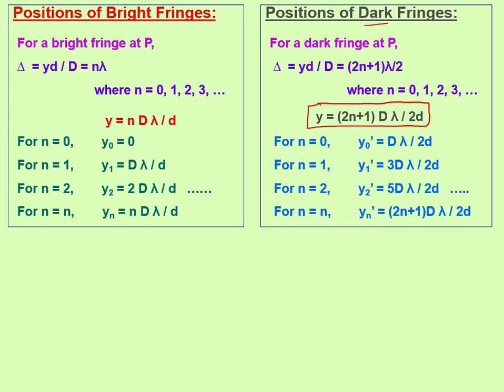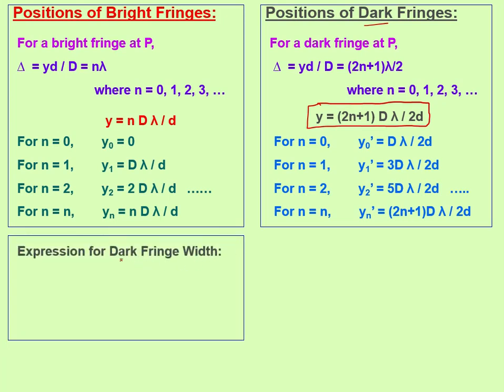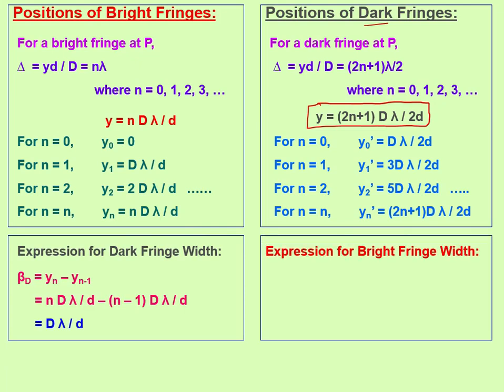Okay. Now also, what is the separation between two consecutive maximas and the separation between two consecutive minimas? See here, the expression for dark fringe width, that is the separation between two consecutive minima, and the expression for bright fringe width, that means the separation between two consecutive maxima. Try this. What is the distance between the first maxima and second maxima? First bright fringe and second bright fringe.